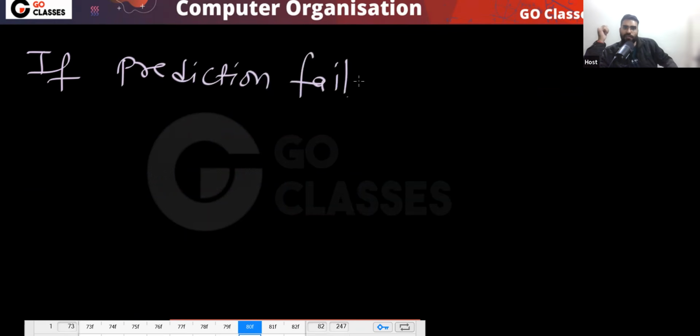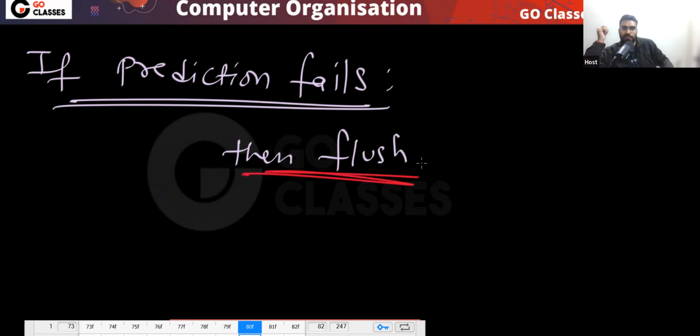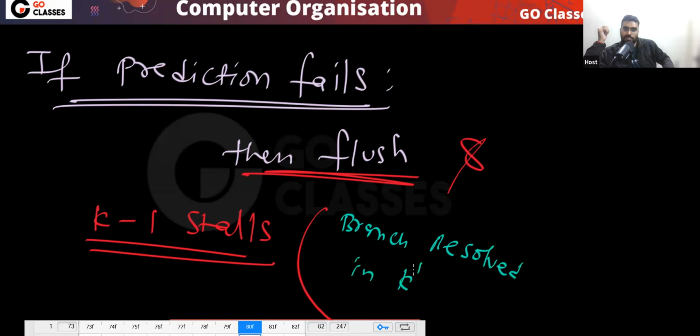So if prediction fails, simple point, then flush. And how many stalls? K minus 1 stalls, if the branch is resolved in the kth stage.